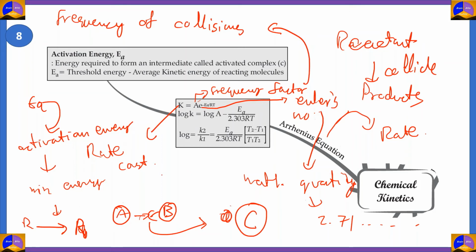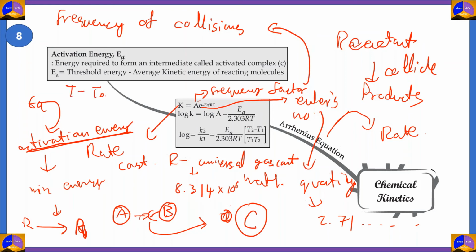Reactants must have a certain amount of energy to convert into products, and that energy is known as the activation energy. R represents the universal gas constant, 8.314. And T represents the temperature at which the reaction takes place.